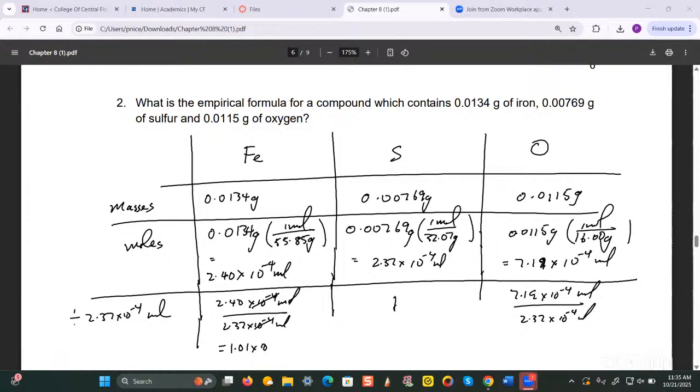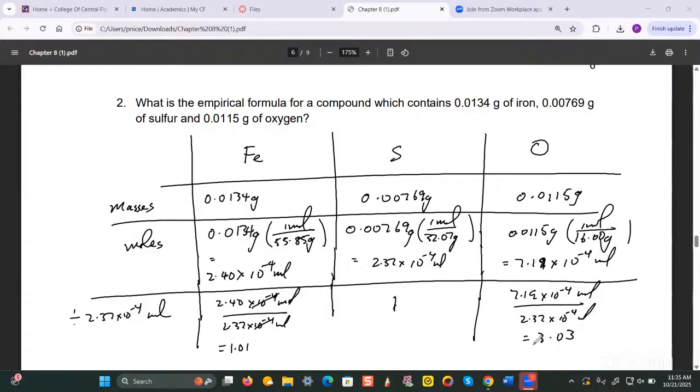And as far as the oxygen is concerned, 7.19 times 10 to the minus 4 divided by 2.37 times 10 to the minus 4 gives 3.03.